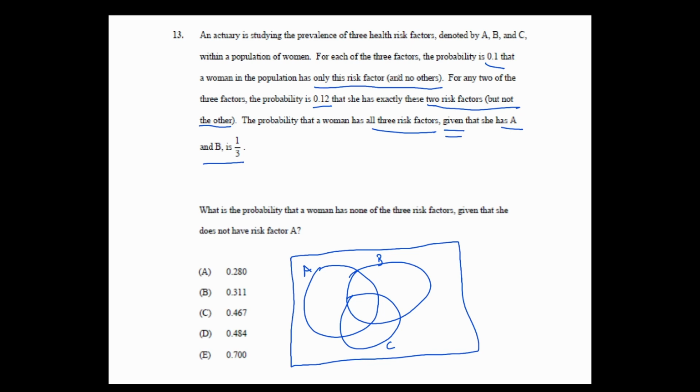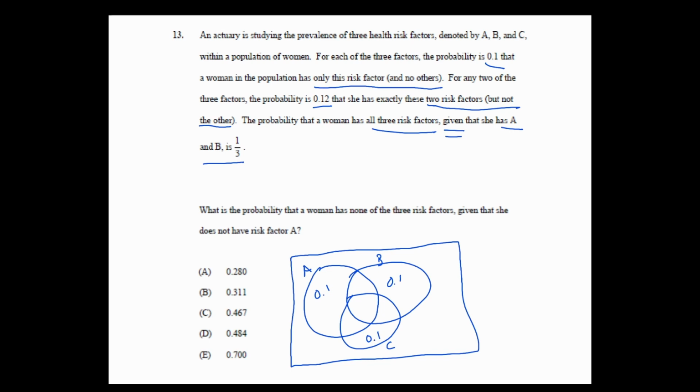So we know for each of the three factors, the probability is 0.1 that a woman only has one of the risk factors, right? So that means here it'll be 0.1, 0.1 here as well, and here as well.